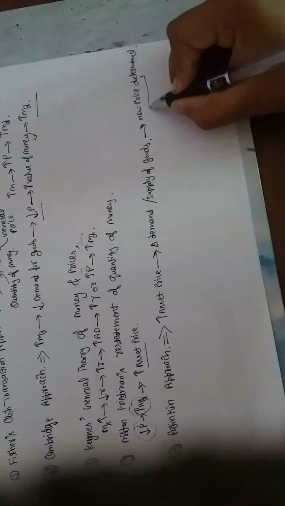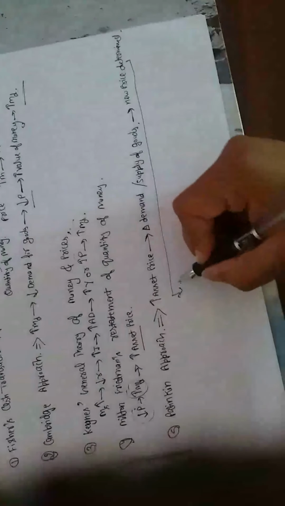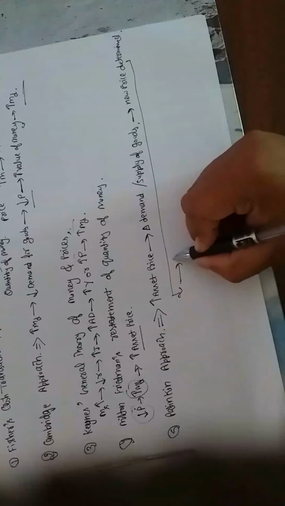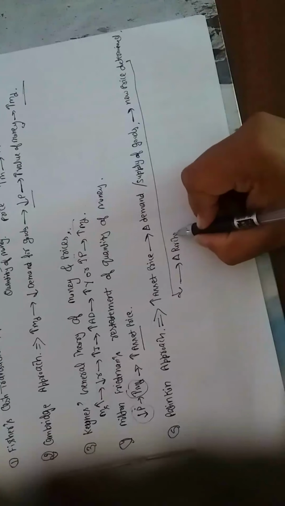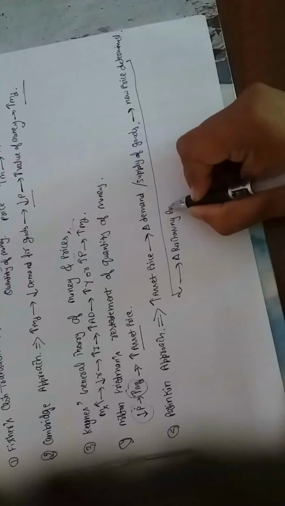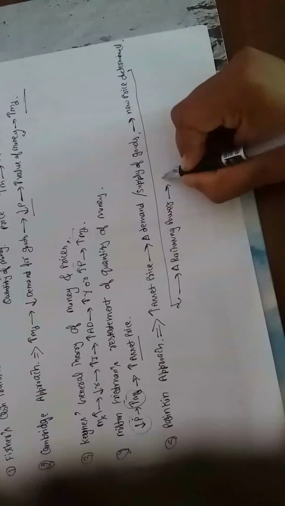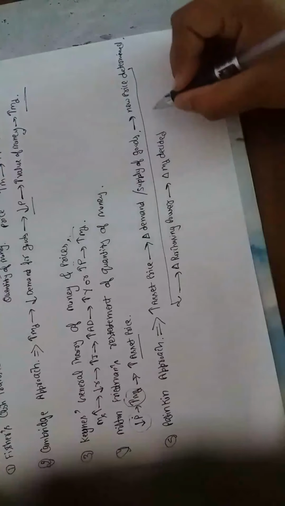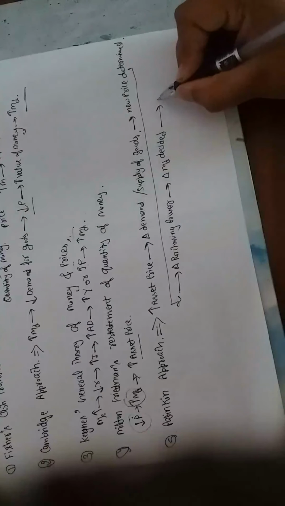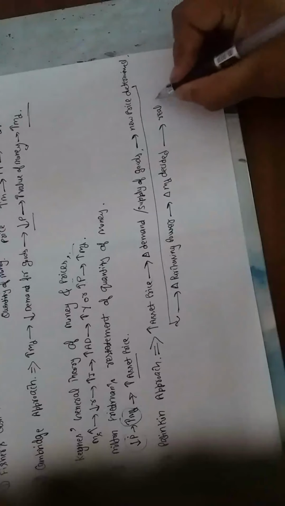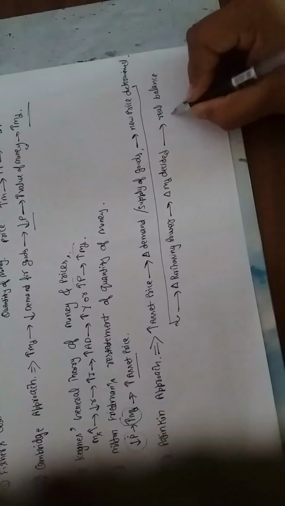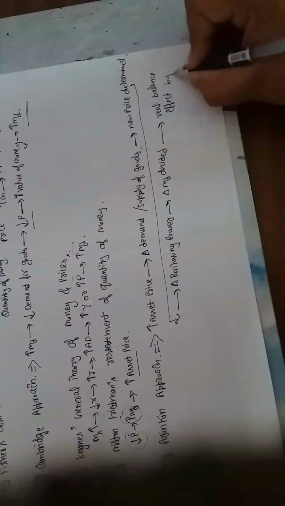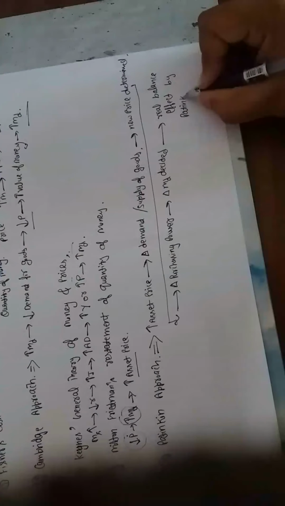And this new price determined leads to change in purchasing power, and so again money demand is decided. And this is called real balance effect by Patinkin.